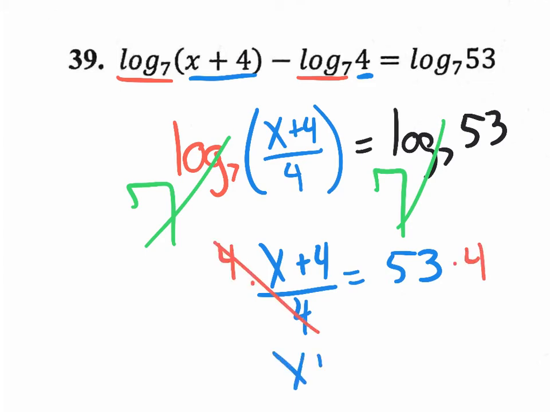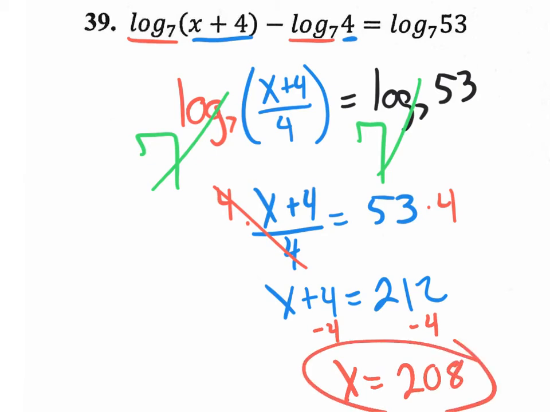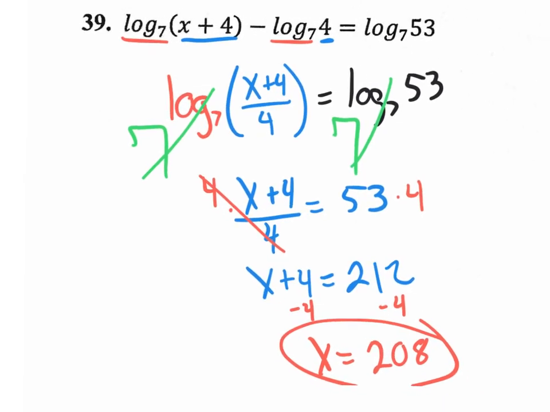I will have x plus 4 equals 212. So the final answer, subtracting 4, x equals 208. So that'd be the answer, number 39.